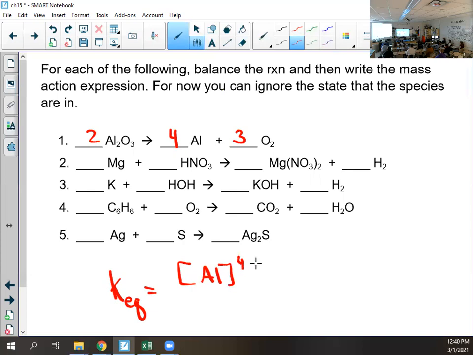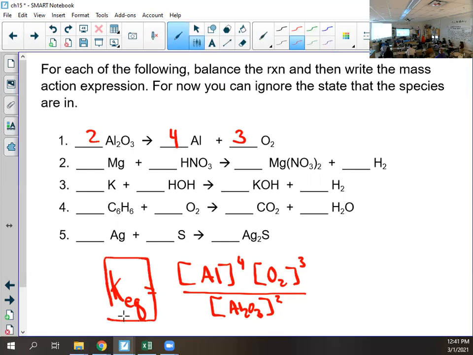The fourth. And the concentration of O2 raised to the third, divided by the concentration of Al2O3 to the second. This would be my mass action expression, or KEQ, or my KC for the reaction in number 1. Does that make sense?